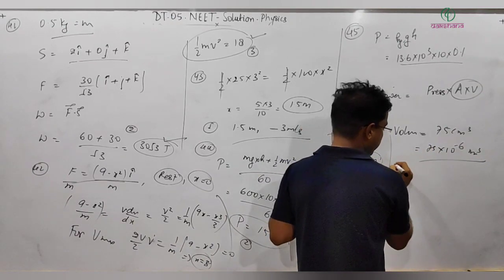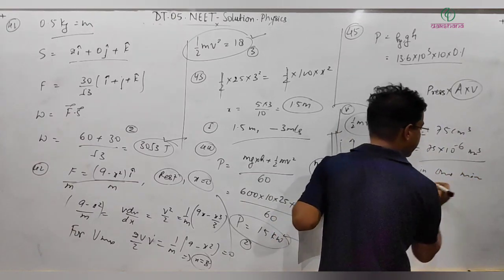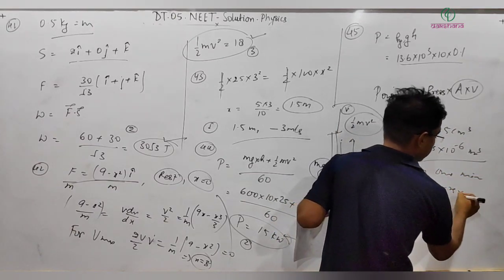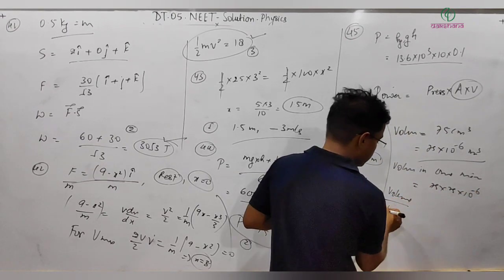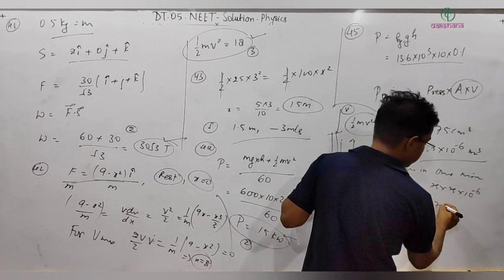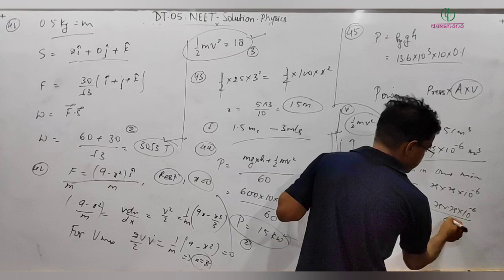So the volume in 1 minute is 75 into 75 into 10 to the power minus 6, and per second the volume flow rate is 75 into 75 into 10 to the power minus 6 divided by 60.